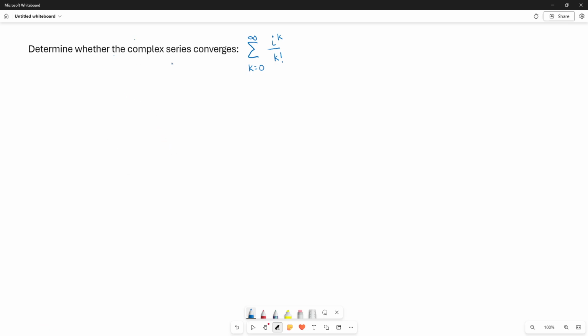We would like to determine whether the complex series summation k equals 0 to infinity of i to the k over k factorial converges or not. So we're going to use the fact that if a series converges absolutely, then it converges.